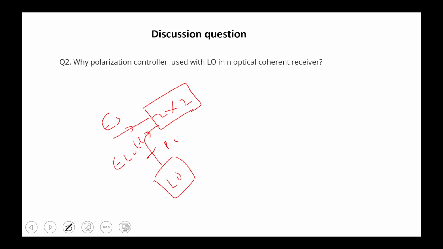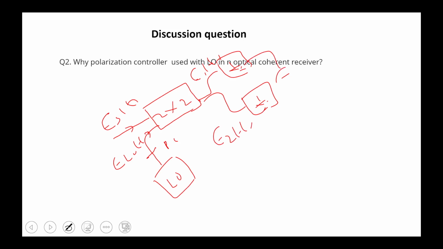Then this coupler will divide into two modes. There is a photodiode. Both photodiodes will have the same property. So one is E1(t), another is E2(t), and then we combine both signals here, and this is I1(t).